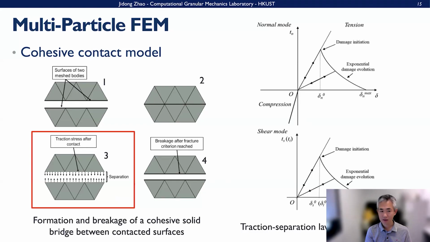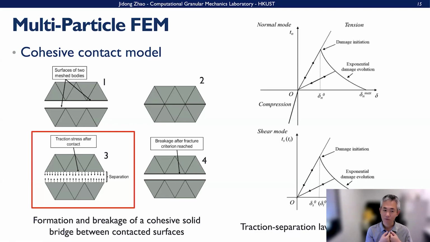So at the contact level, if compressed, you develop a contact force that's the same as in DEM, but meanwhile for these cohesive particles, we also consider that they have cohesive force here. And if the pulling force is sufficient, they can separate at the surface, at the interface, and then break.